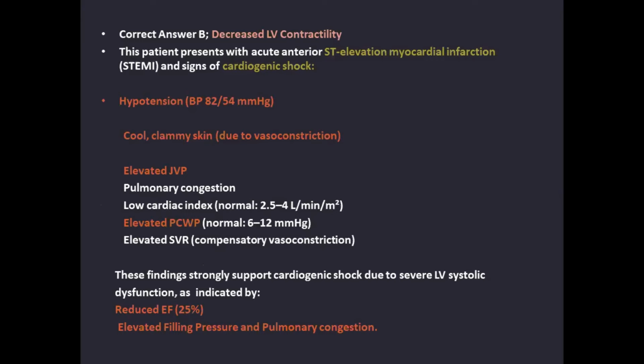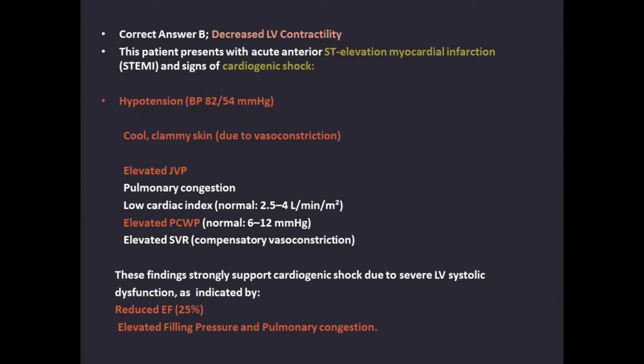Perfect. And the correct answer is option B, that is the decrease in left ventricular contractility. As I have clearly highlighted, the ST elevation, if present in V1 to V3, is an MI in the anterior leads, in the anterior wall of the heart.